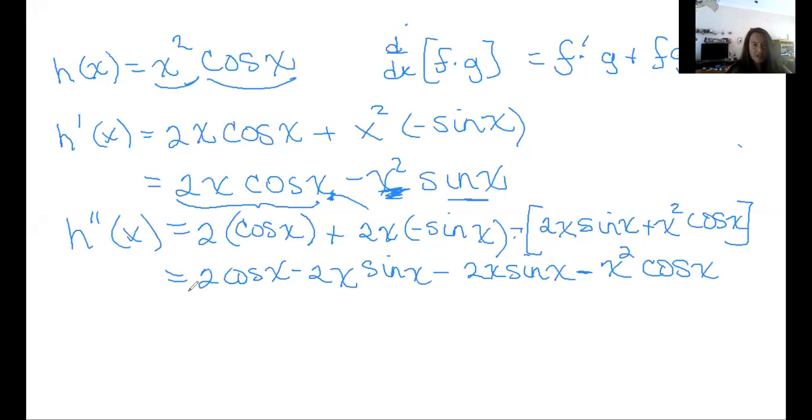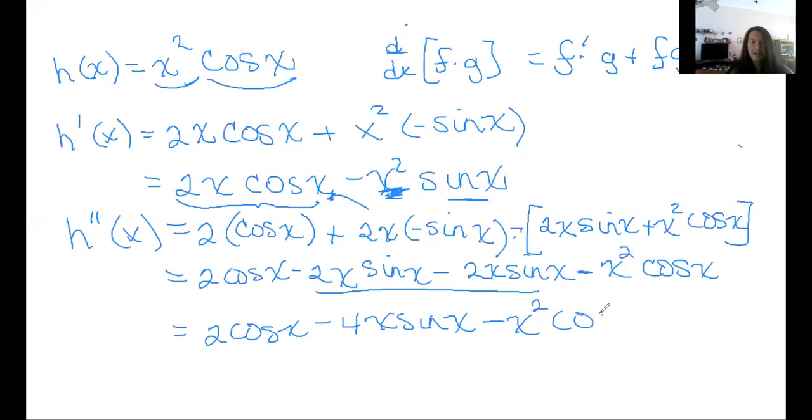So what I would want to do here is collect these like terms because they're the same, and then rewrite it. So that's going to give me 2 cosine x minus 4x sine x minus x squared cosine x.